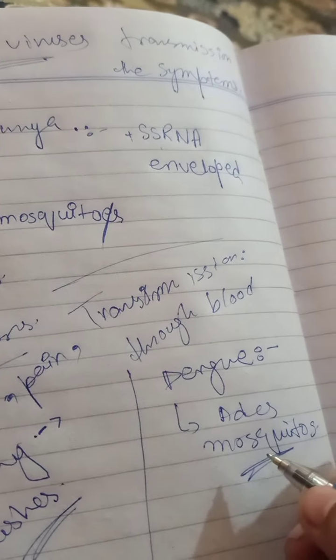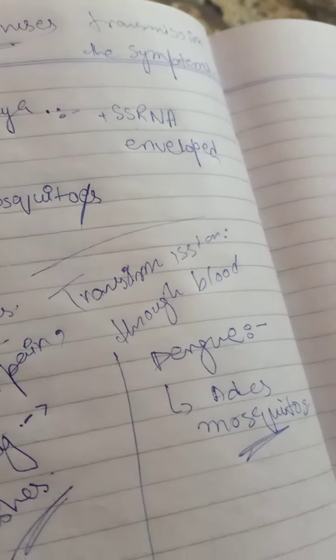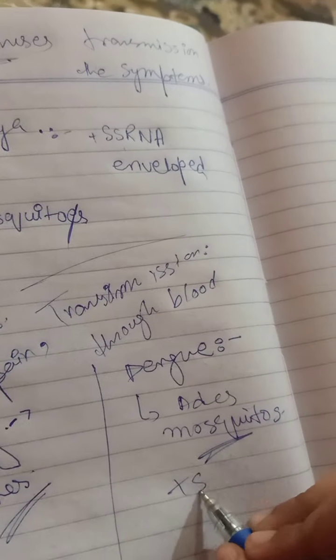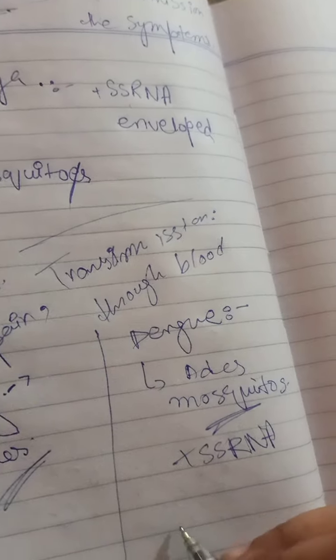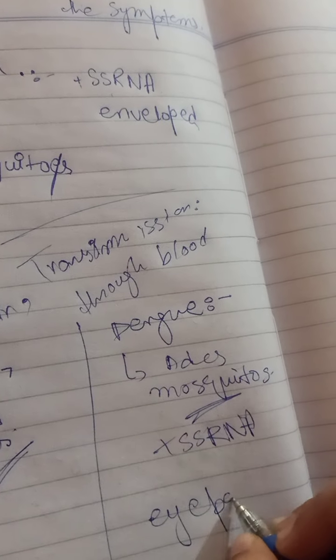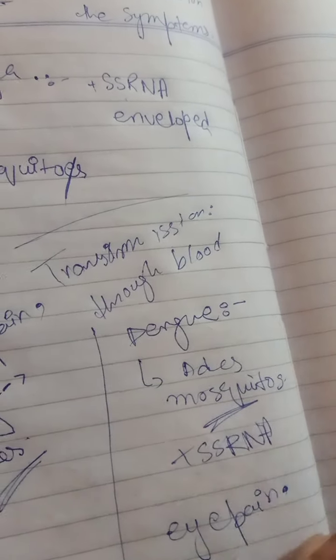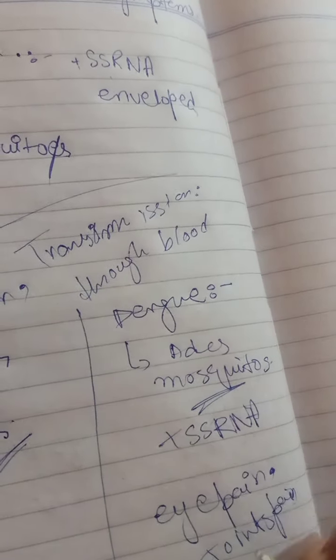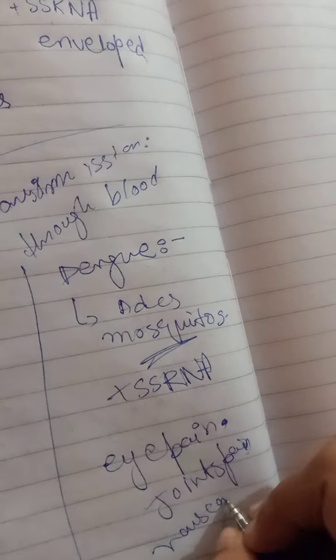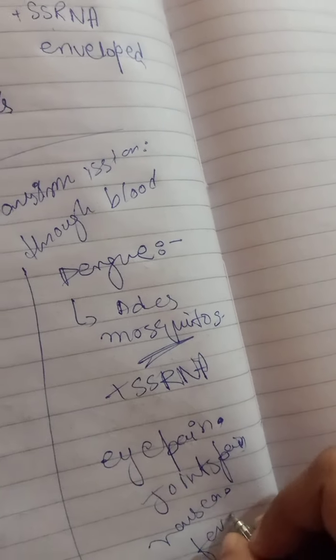Aedes is the genus, and this is also a positive single stranded RNA. And the symptoms are eye pain, joint pain, fever, nausea, usually fever as well.